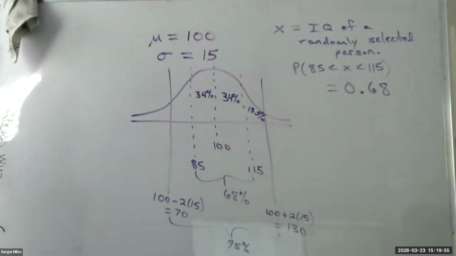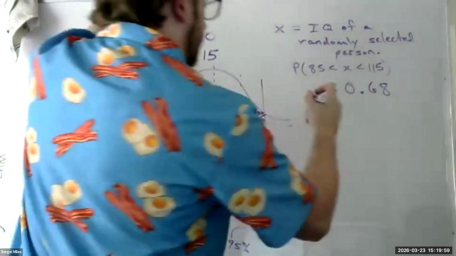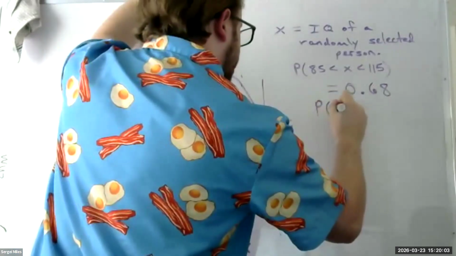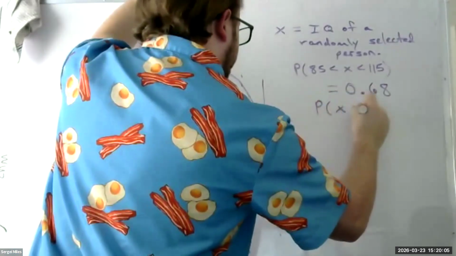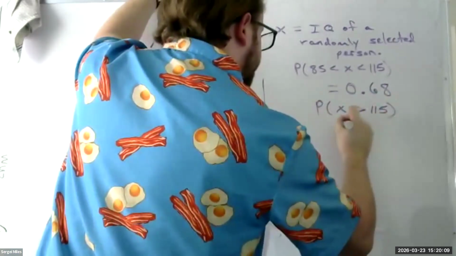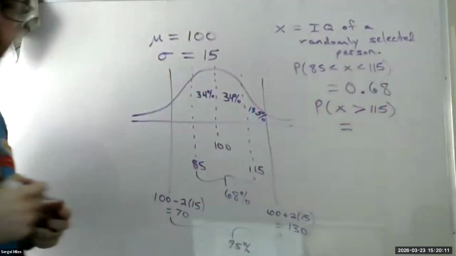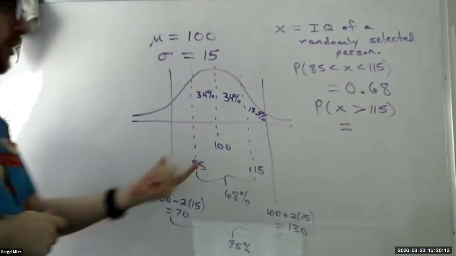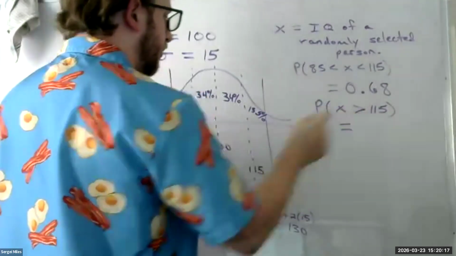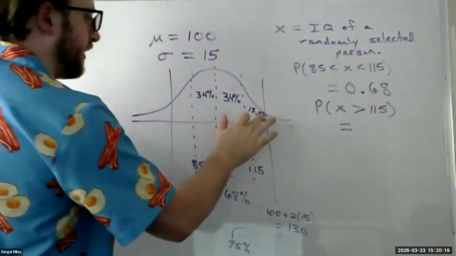But I can ask different questions also. I could say, what is the probability that this random person has an IQ greater than 115? How do I answer this sort of question? Come back to the picture. I'm looking at the probability that x is greater than 115. So what region is this?